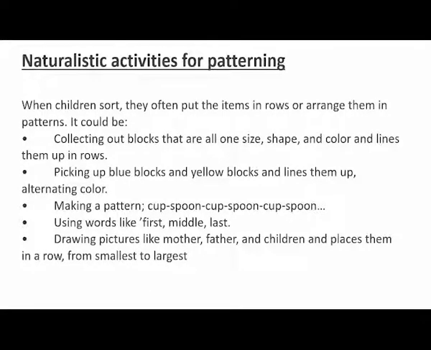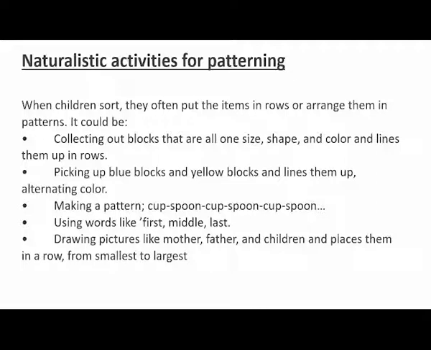Then we look at the naturalistic activities for patterning. Naturalistic, meaning things in nature that learners use for patterning. Children often put items in rows or arrange them in patterns. It could be collecting blocks, picking up blocks of different colors, making patterns.